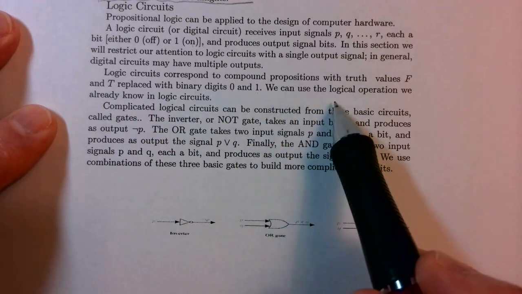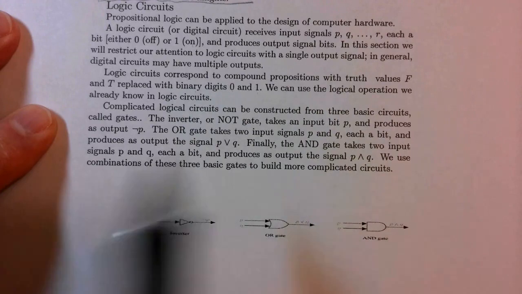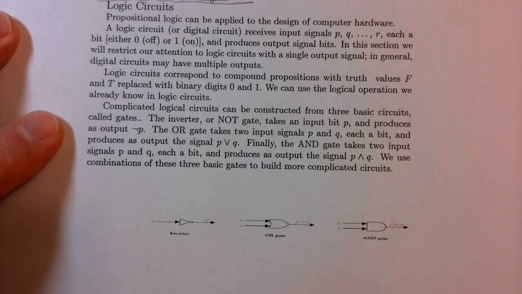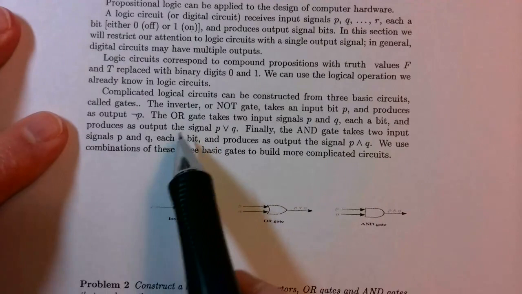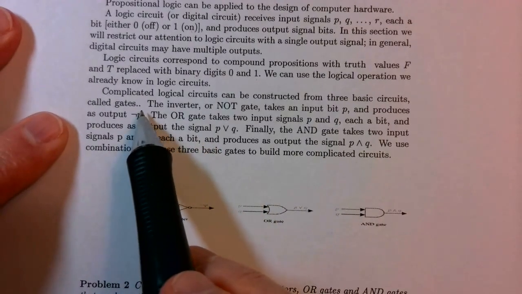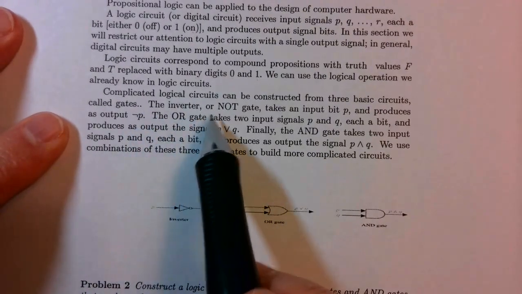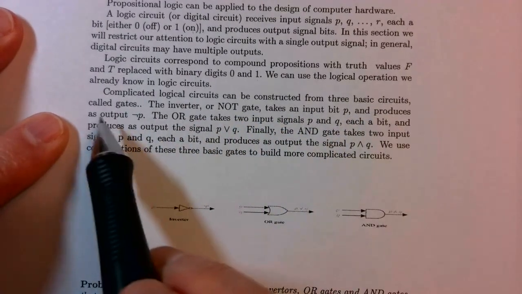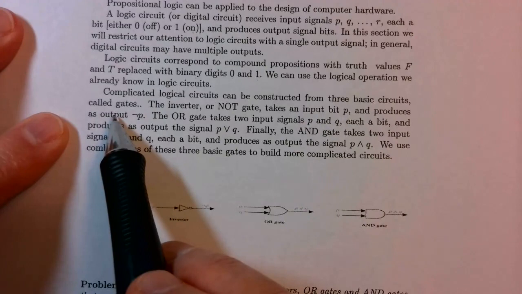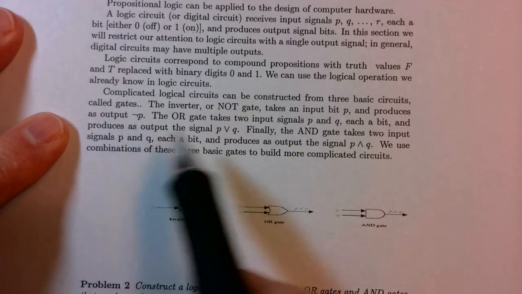We can use the logical operations we already know for logic circuits. Complicated logical circuits can be constructed from three basic circuits called gates.